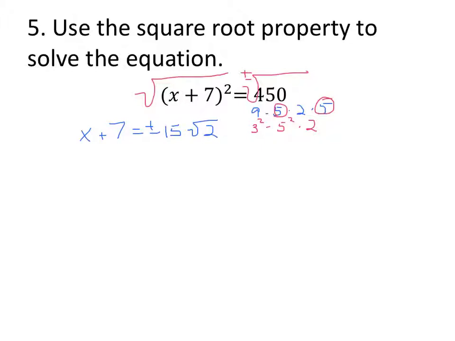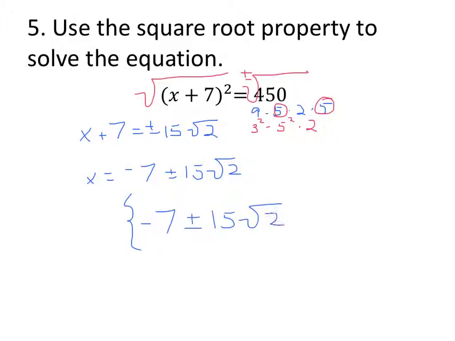So now all we have to do is subtract 7 from both sides, and x equals negative 7 plus or minus 15 square root of 2, which you could then put in these brackets. Or you could write x equals negative 7 plus 15 square root of 2, comma, negative 7 minus 15 square root of 2. Either one of those would be fine.